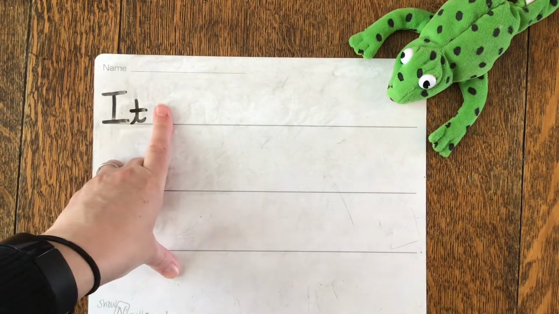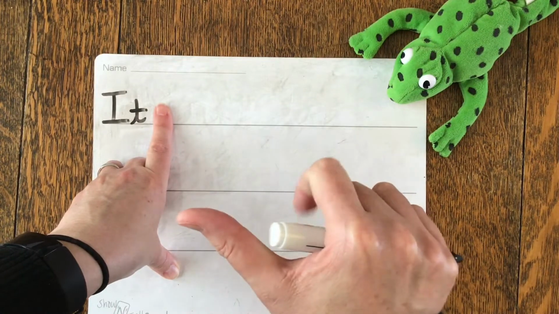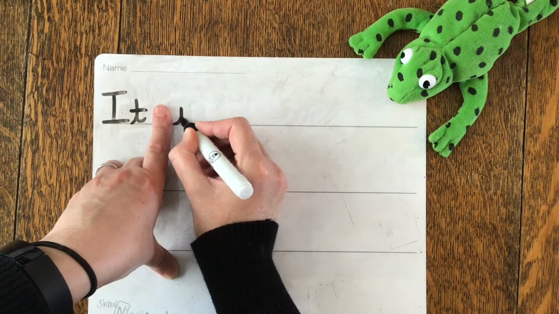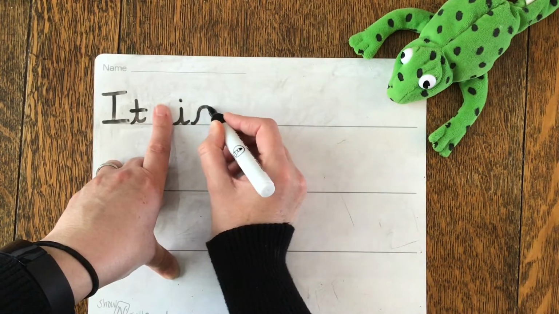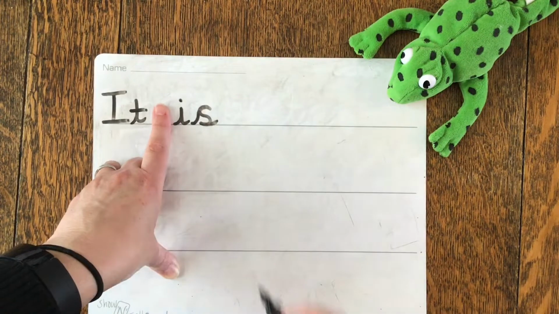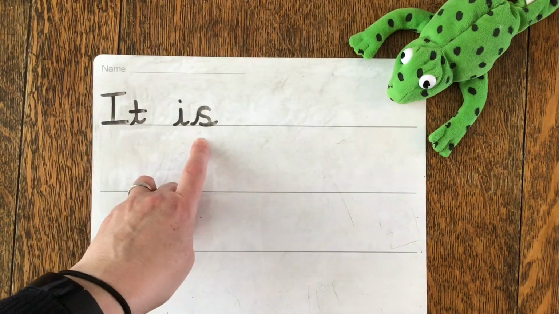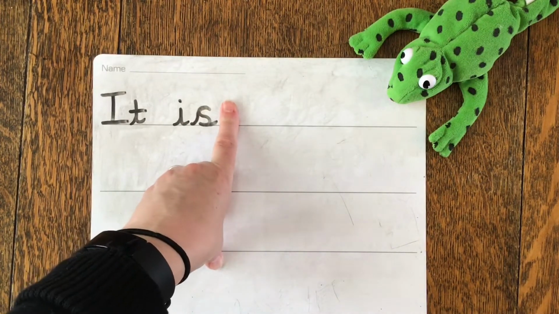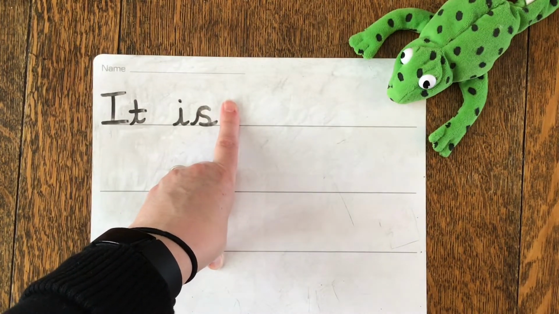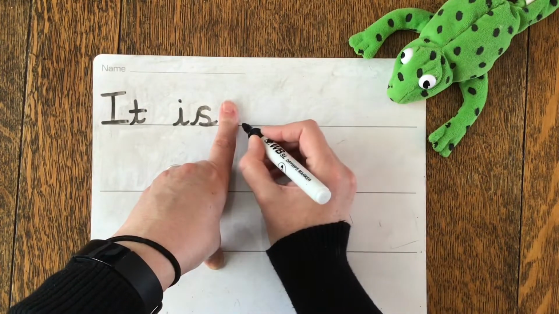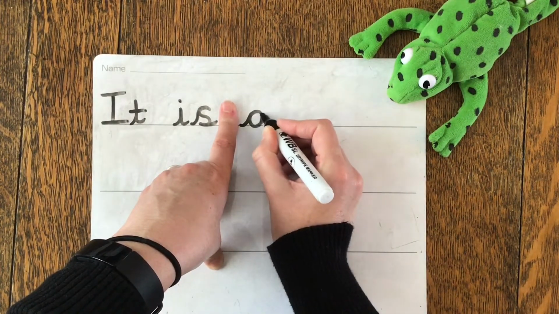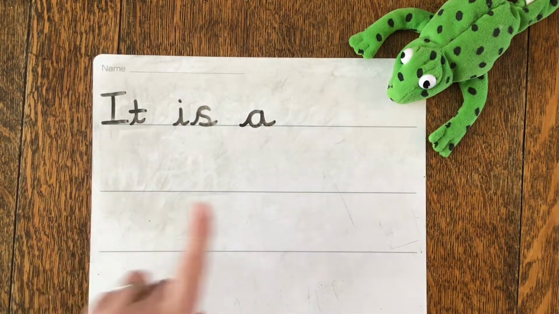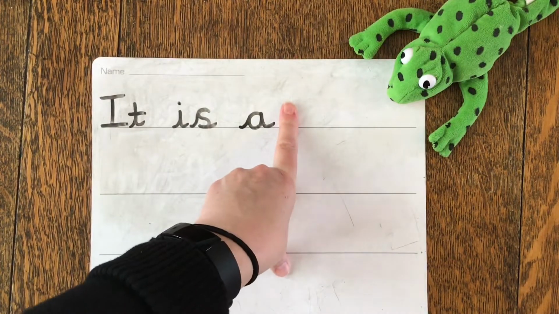It is. Is. So I've got it. I've got is. Another finger space because a new word's coming up. A. Now, that's a red word, isn't it, A? I know, that's the a all on its own. It is a, one more finger space because I've got one more word to come. Moth.